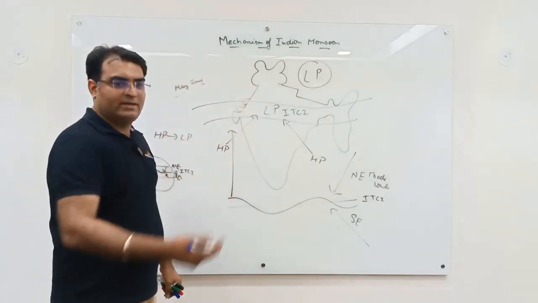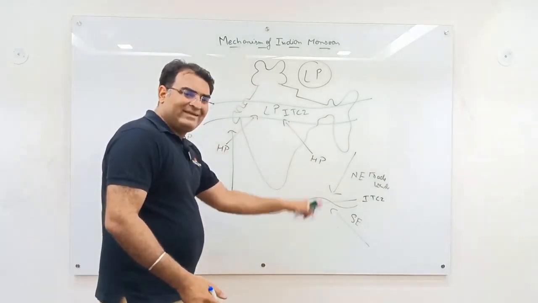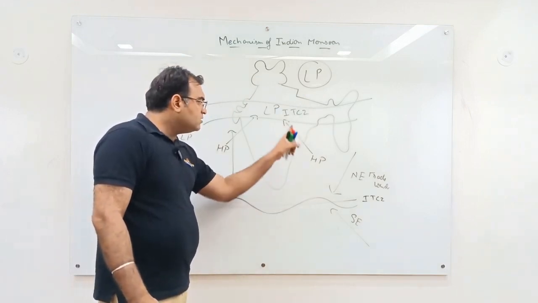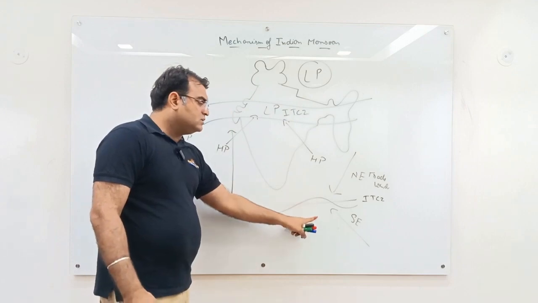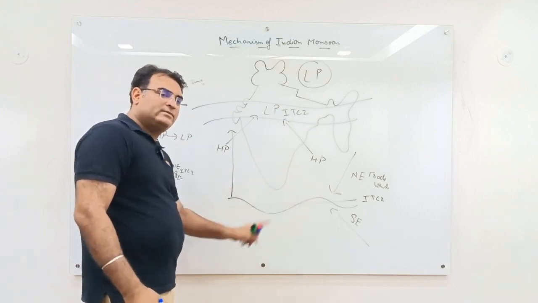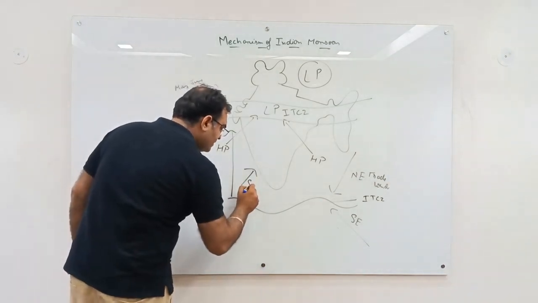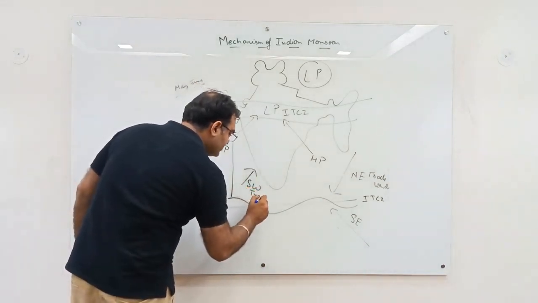That results in another thing. As the ITCZ acts as a wall for the northeast and southeast trade winds, because of the shift of the ITCZ, the southeast trade winds now get a chance to cross the equator. Once they cross the equator, they become southwest trade winds.